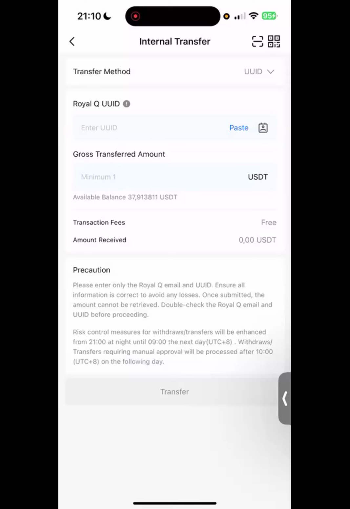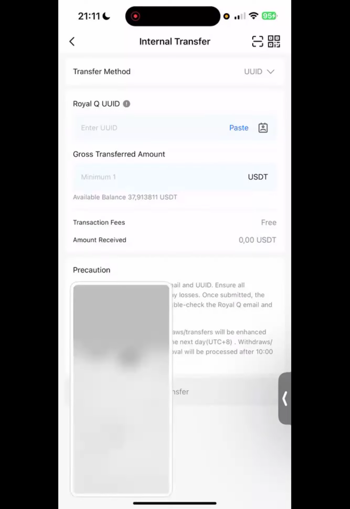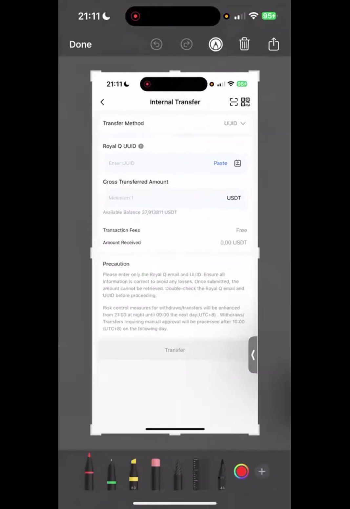If I want to withdraw and get it instantly, I have to withdraw from 10 a.m. Singapore time till the next day, 3 p.m. my time, which is 10 p.m. You can see it here. Precaution. So read this, then know when to withdraw.